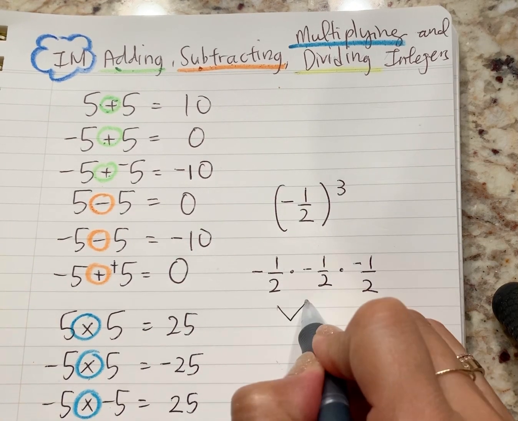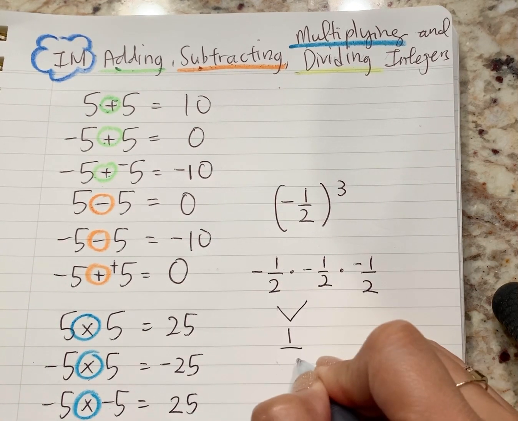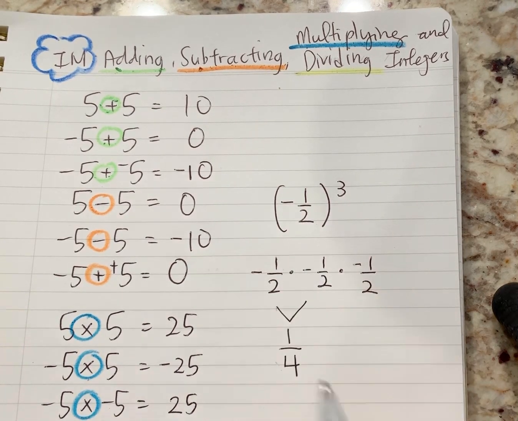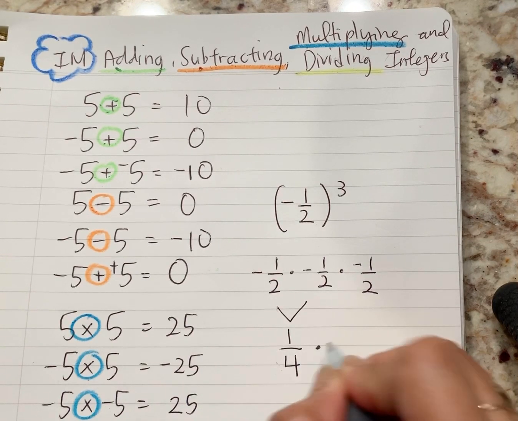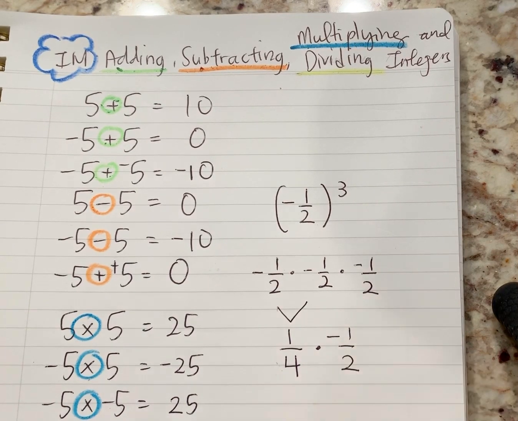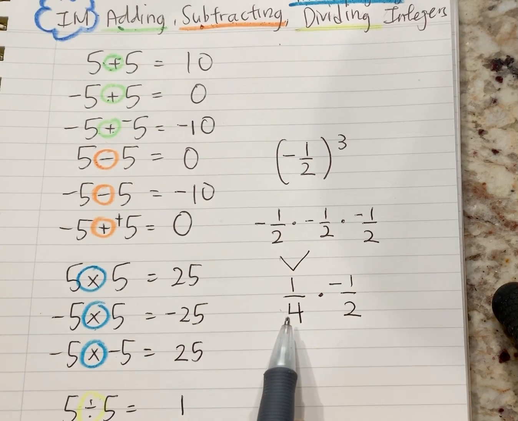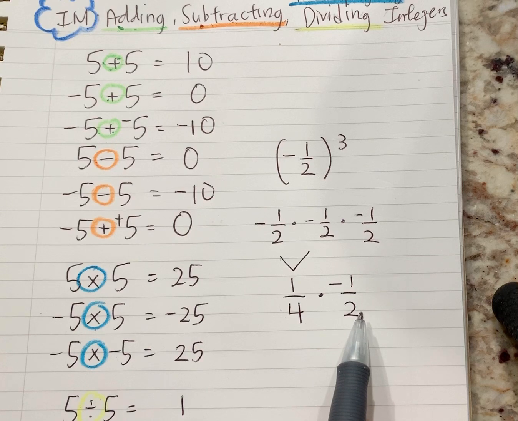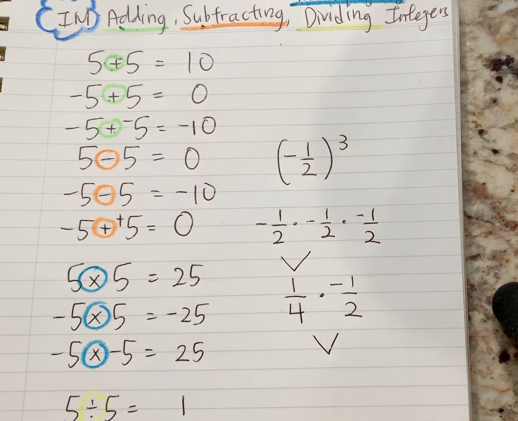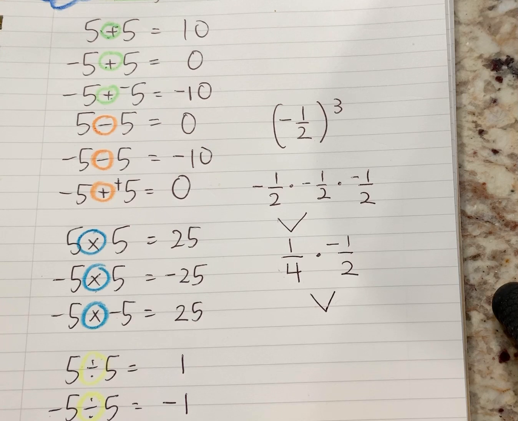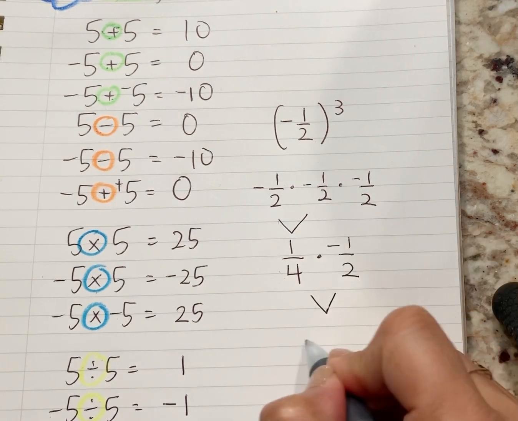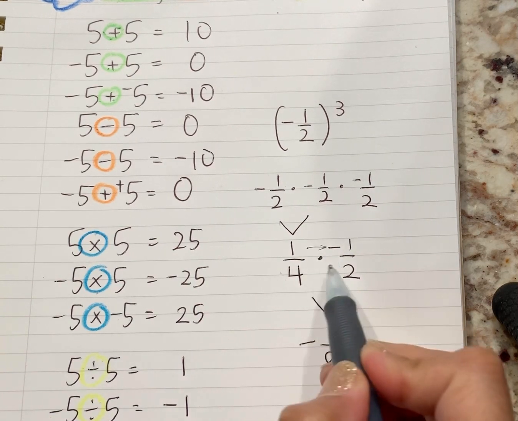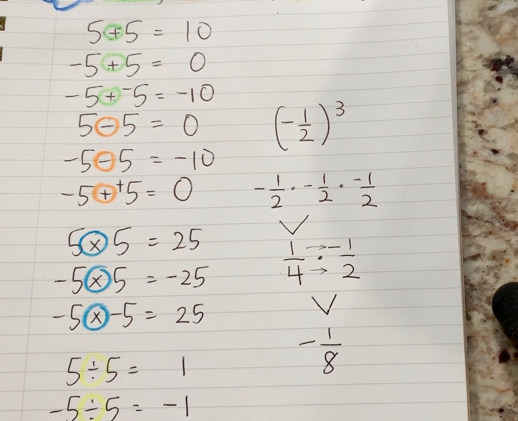So this here would be positive 1/4 because you're multiplying across. But then here we're going to times negative 1/2. Now you're multiplying a positive times a negative, which means your product is going to be negative. So it's going to be negative 1/8 because you just multiply across.